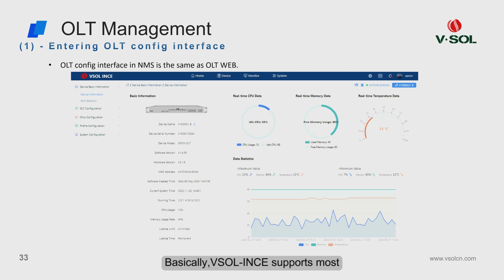Basically, VSOL-INS supports most of the configuration management functions of VSOL OLT. You will find that it is very similar to VSOL OLT Web, which means that you will be able to use it quickly if you have used VSOL OLT Web.